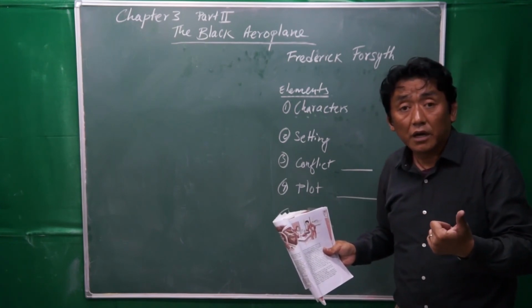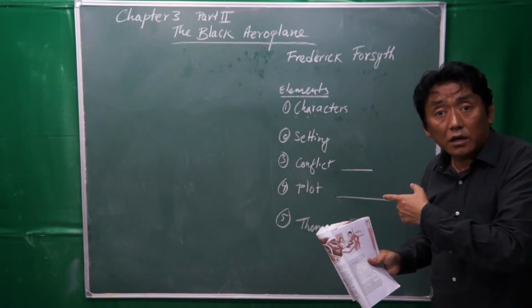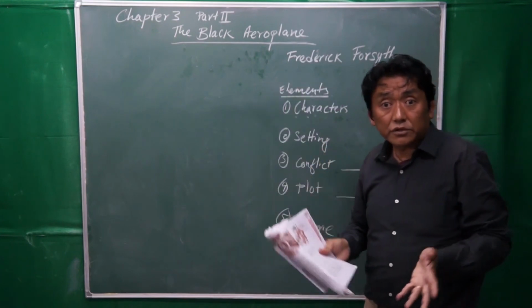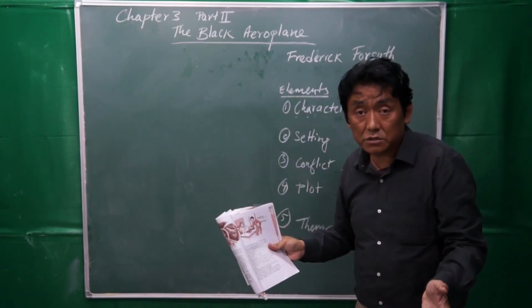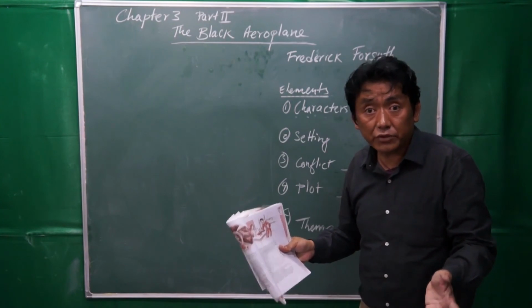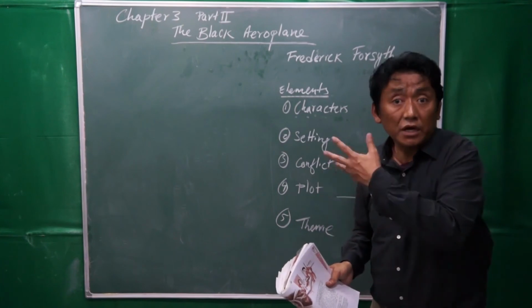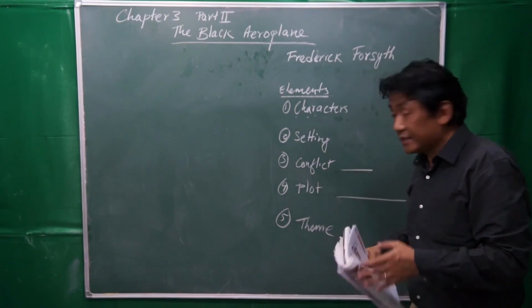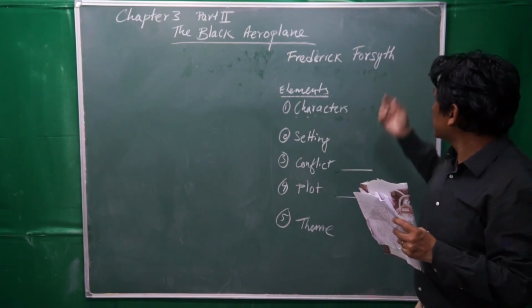This element of surprise and suspense are the ornaments of short stories, because this makes any story for that matter very interesting and attractive. So elements of surprise and suspense are very important in stories. And that is what is very skillfully used by Frederick Forsyth, right?